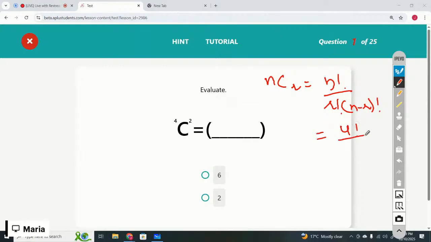That is 4 factorial, 2 factorial, and 4 minus 2 is 2 factorial. 4 times 3 times 2 times 1 over 2 times 2. 2 and 2 cancel out. 2 times 2 is 4. 3 times 2 is 6. Option number 1 is the correct option, that is 6.